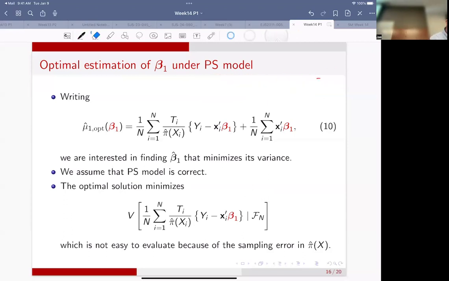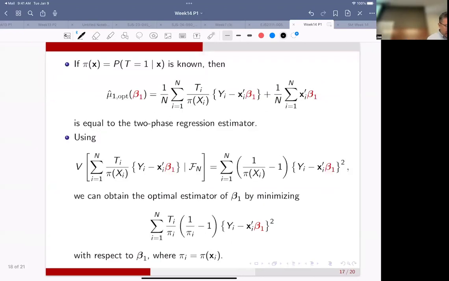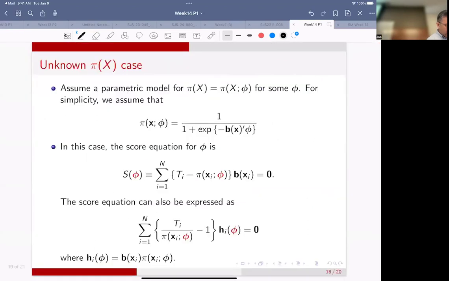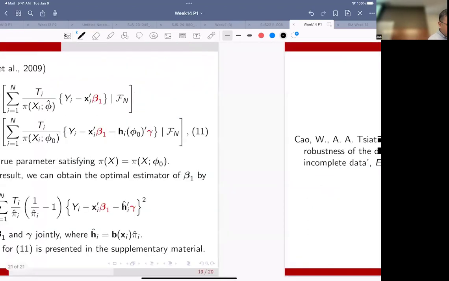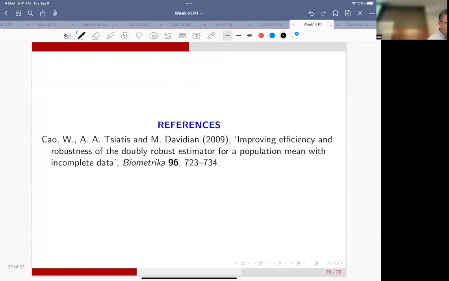But the interesting problem could be: I'm going to construct the doubly robust estimator, but I want to achieve the optimality under the PS model. That might be an interesting problem, and that problem has been addressed by Kao. Kao is I think a student of Tsiatis and Davidian. Davidian and Tsiatis are a couple, husband and wife.